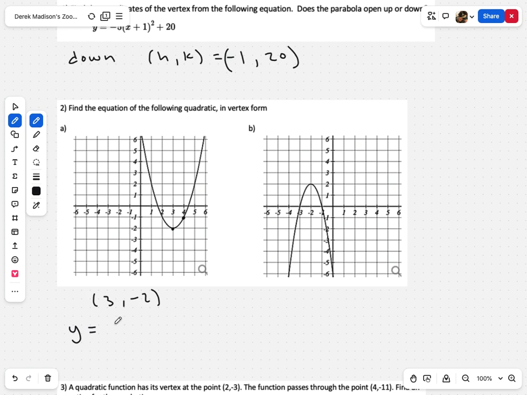So this would be y equals an invisible 1 out here, (x minus 3) squared, so there's our right 3, and then minus 2 on the outside, our down 2.